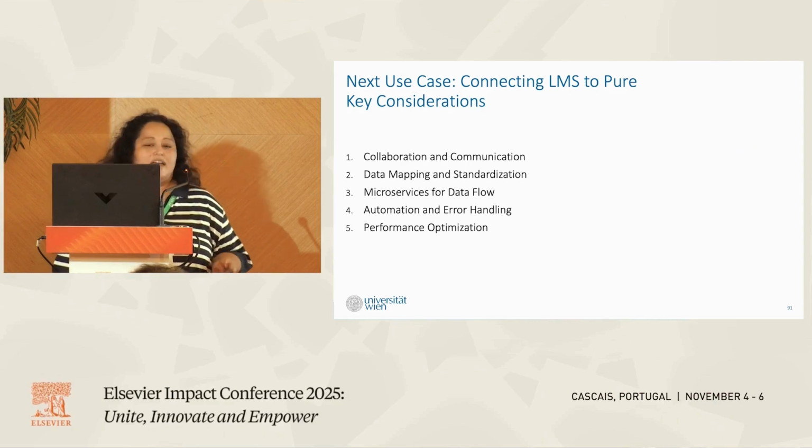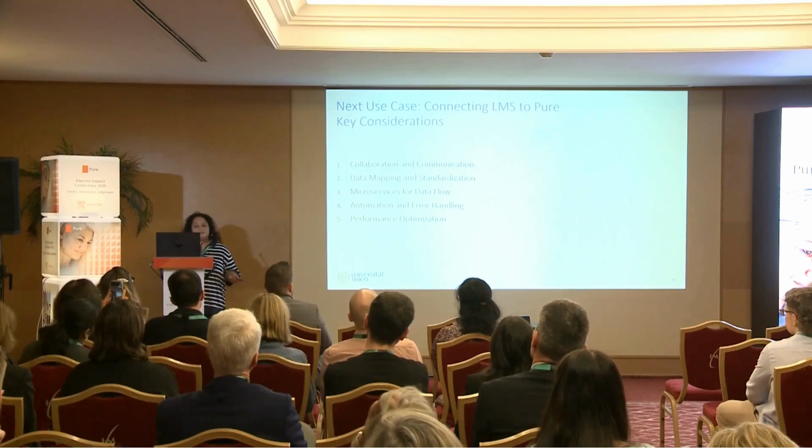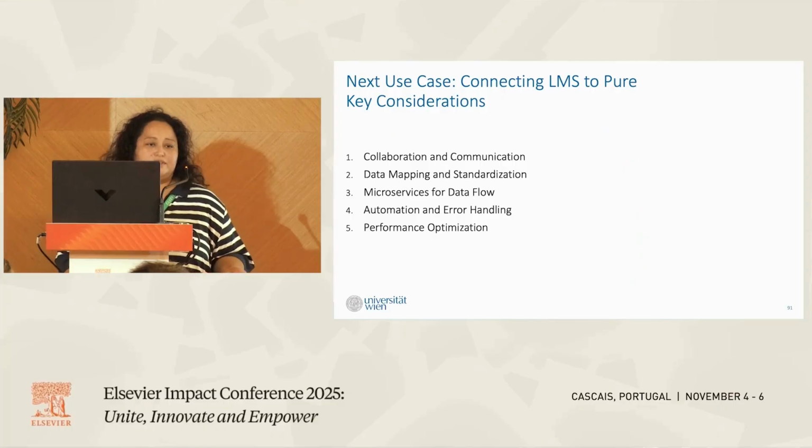Again, together with the IT department, we will set up good communication and collaboration, because we have to. And we also need data mapping and standardization. This time we will need microservices for data flow.